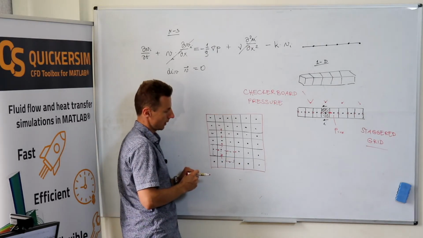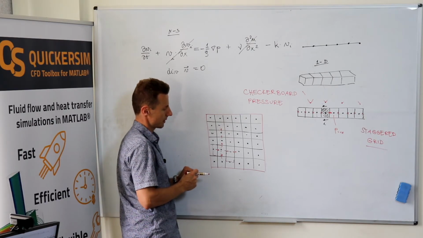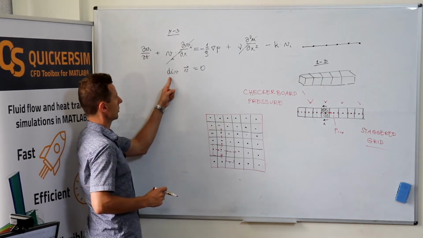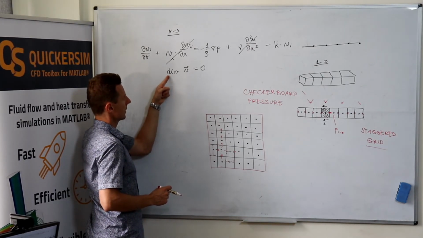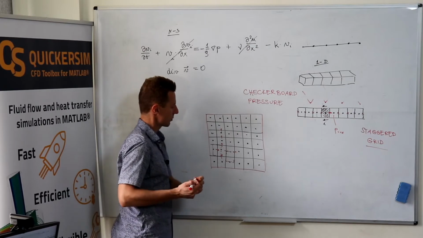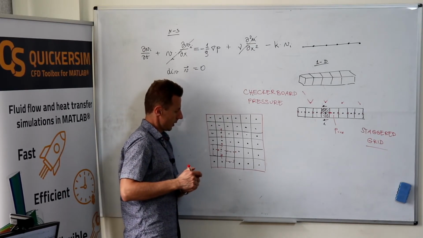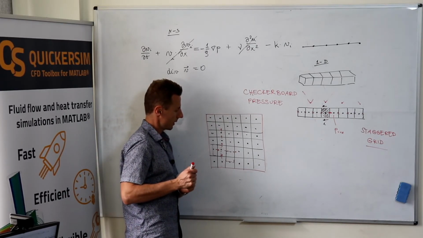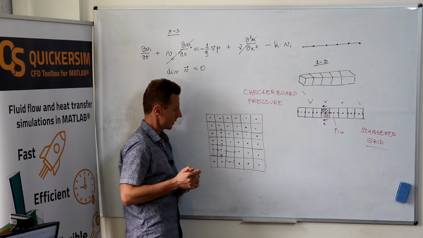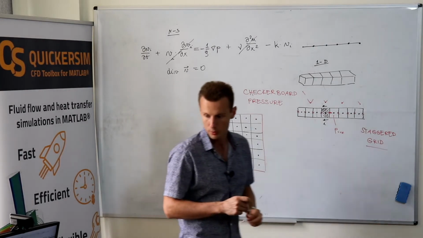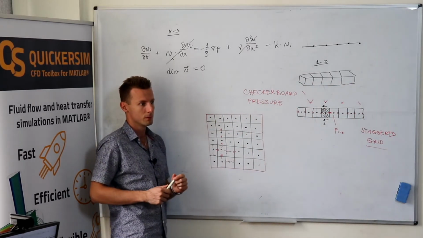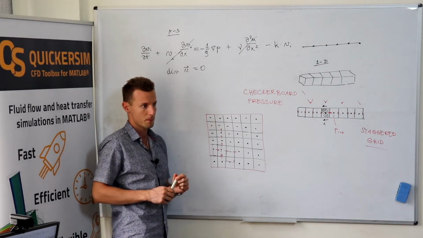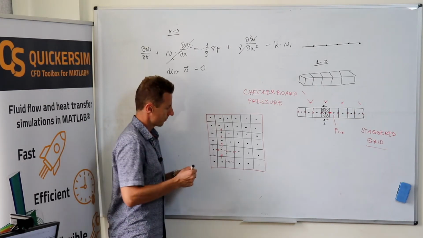Well, basically that's it. You still need to discretize this constraint. But that's extremely simple in the staggered grid approach. Why is it extremely simple? You can just sum up the product of face area and velocity.